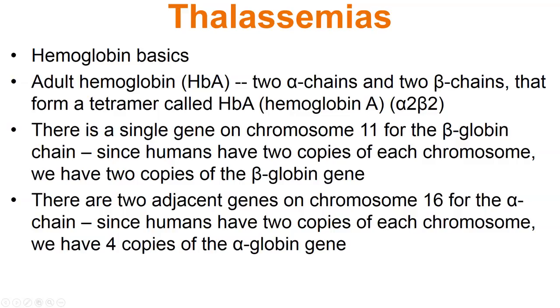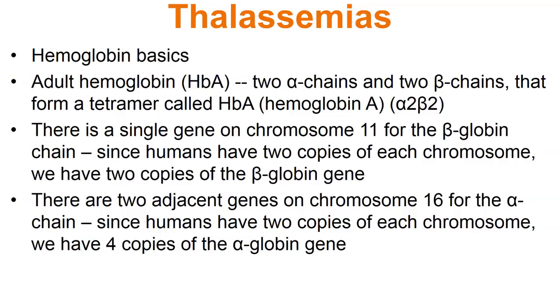As far as the genes go, and this is one of the places where it's kind of interesting, there's a single gene on chromosome 11 for the beta globin chain. You have 2 chromosome 11s, that means you have 2 beta globin genes. However, for the alpha globin gene, it's actually chromosome 16, you have 2 right next to each other on chromosome 16.